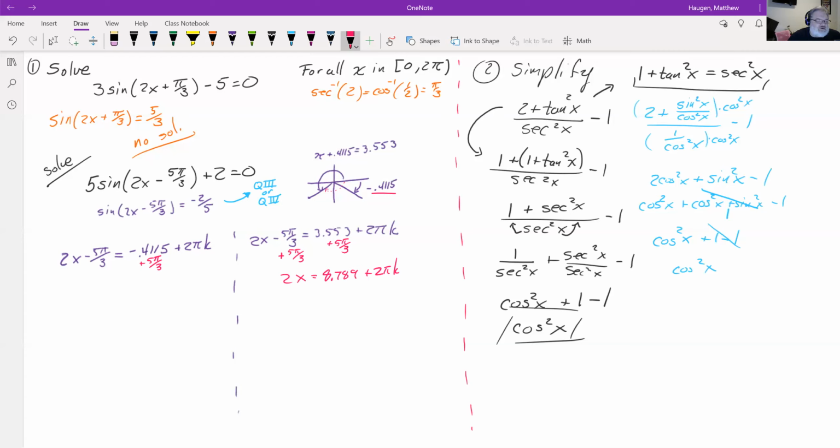And the other one, that one, plus 5 pi over 3.